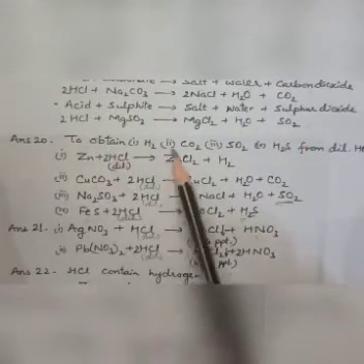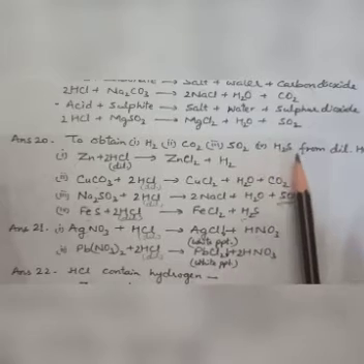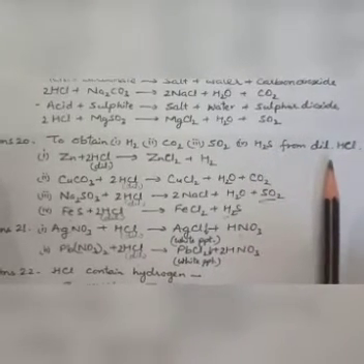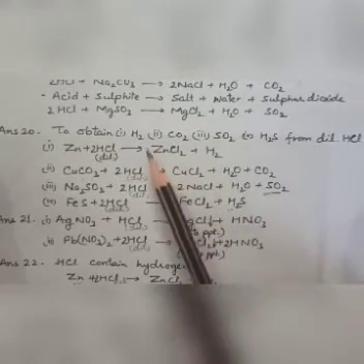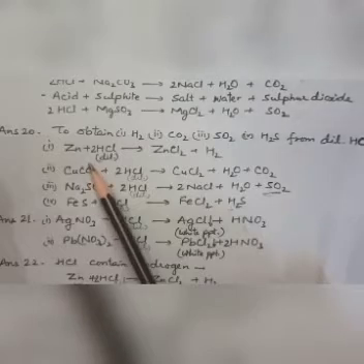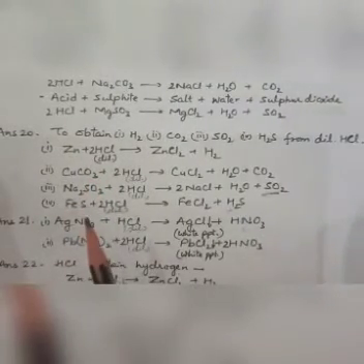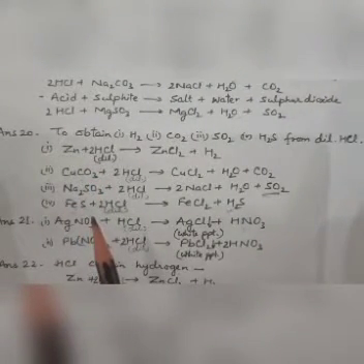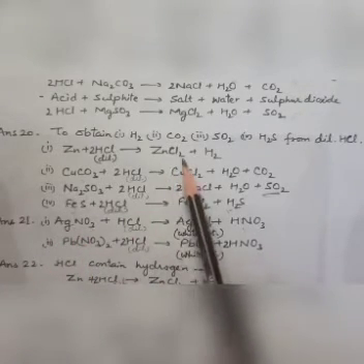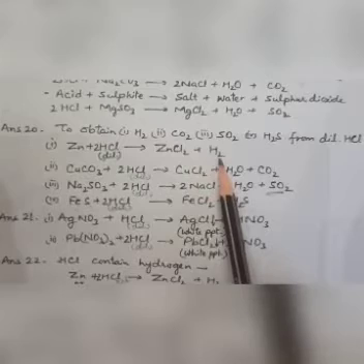Now next, how will you obtain hydrogen, carbon dioxide, sulfur dioxide and H2S gas from dilute HCl, right? For that, first, how will you obtain hydrogen gas? When zinc or any active metal like magnesium or iron reacts with dilute hydrochloric acid, it forms zinc chloride, the metallic chloride, and hydrogen gas.